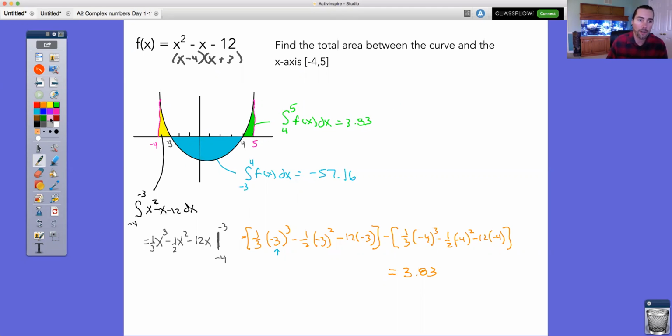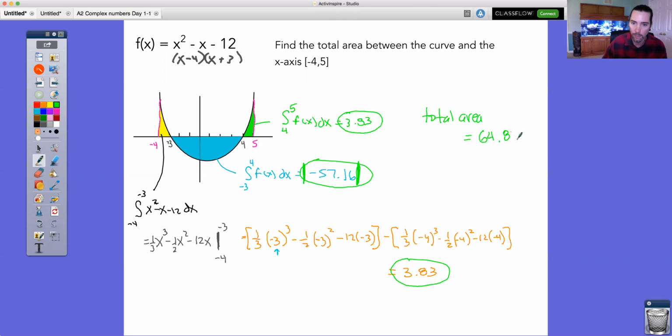To find the total area, I need to add these 3 numbers together, except I need to turn this blue one positive. So technically I need to take the absolute value. So 3.83 plus 57.16 plus 3.83, my total area is going to equal 64.82.